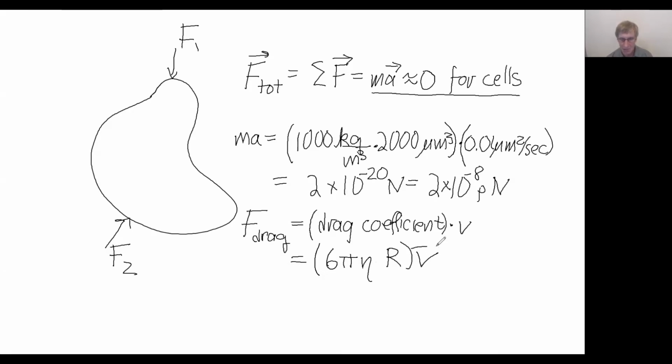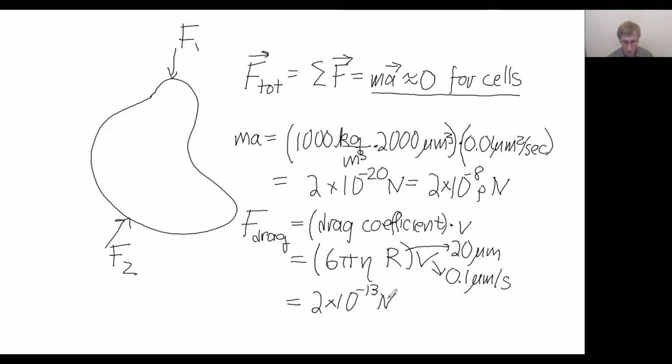For a cell, the radius might be on the order of 20 microns. And the speed, let's say, again, it's moving quickly, 0.1 microns per second. And if we work that out using the viscosity of water, then we obtain a force of 2 times 10 to the minus 13th newtons, or a lot less than a piconewton.